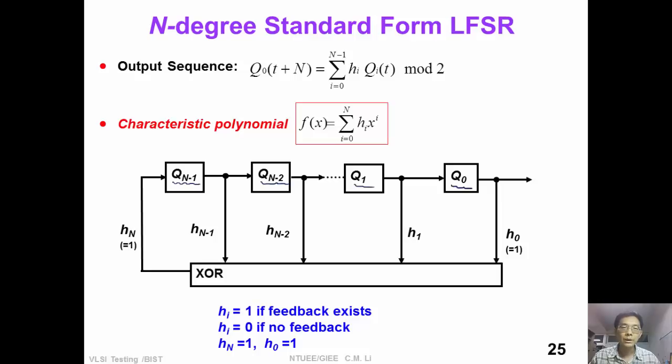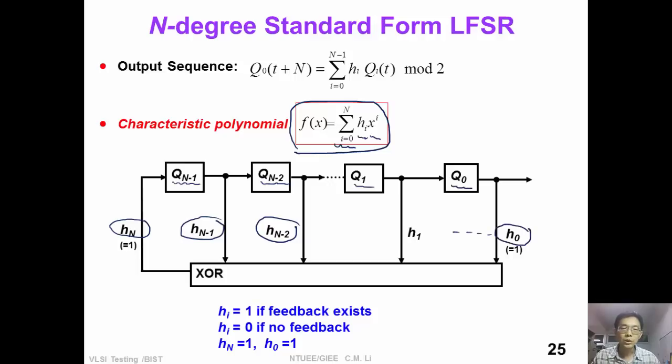The characteristic polynomial can be written as the summation for i equal to 0 to n of hi x to the power of i, where hi are the coefficients of the feedbacks. Starting from the left to the right, we have hn, hn-1, hn-2, all the way to h0.